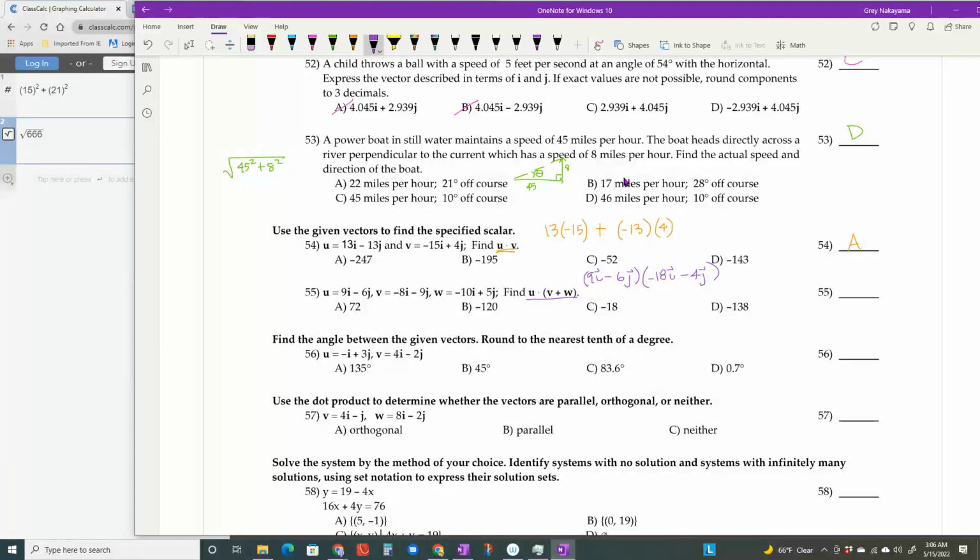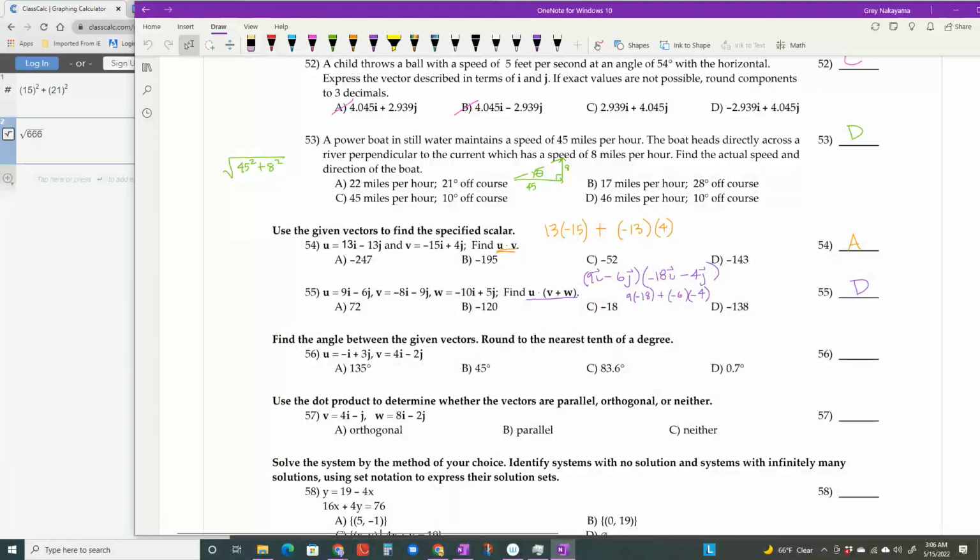Okay, and your dot product says multiply 9 times negative 18. So we get 9 times negative 18 plus negative 6 times negative 4. And when you do that, you get an answer of negative 138.